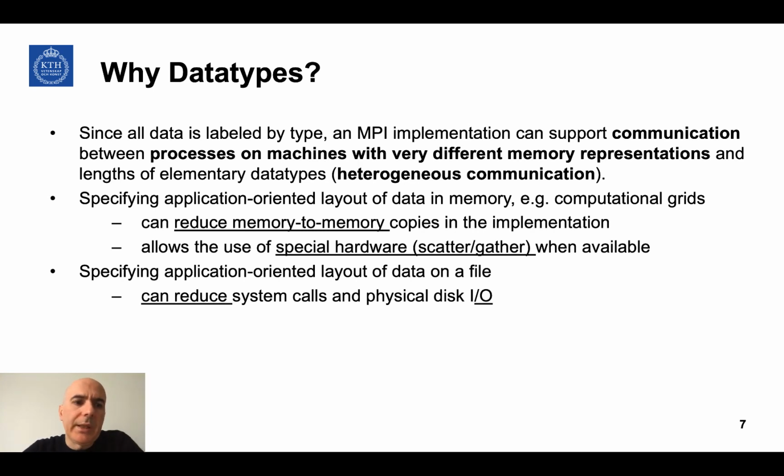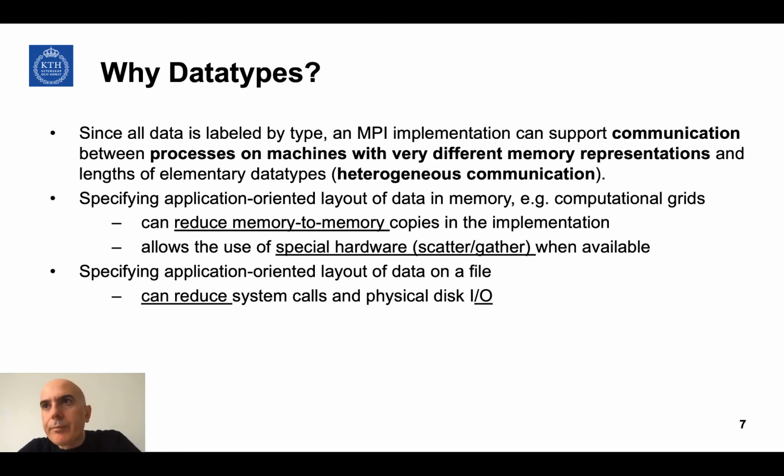Also, data types let us specify an application-oriented layout of data in memory, for instance the smaller computational grid that we have defined for each process. So we can reduce memory-to-memory copies by avoiding one extra memory copy to the MPI buffers, and it also allows us to use special hardware for scatter-gather operations when available. Some hardware provides very fast support for scatter-gather operations.